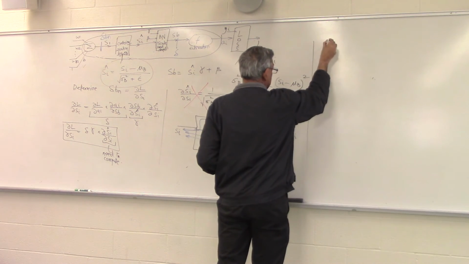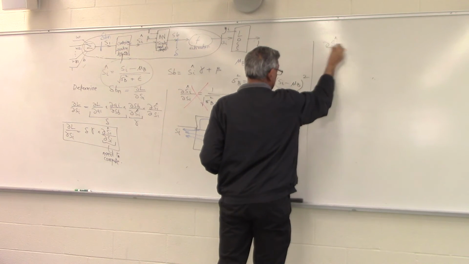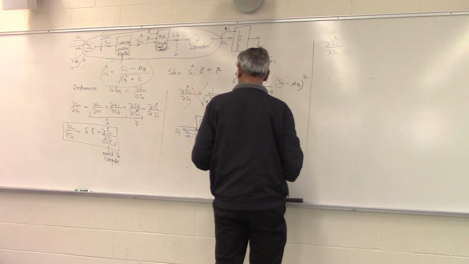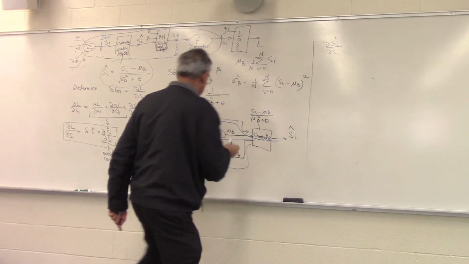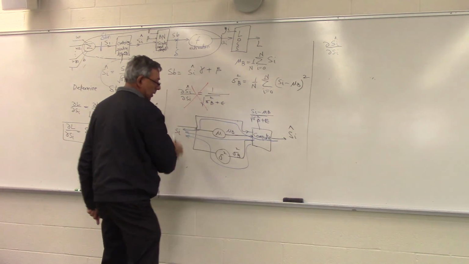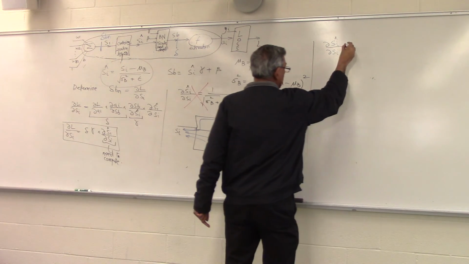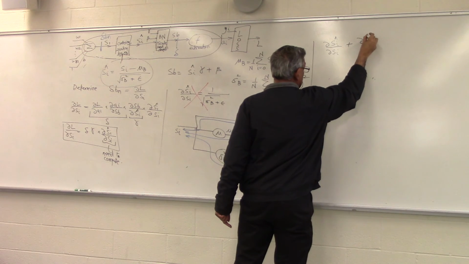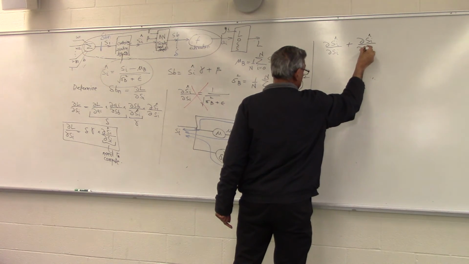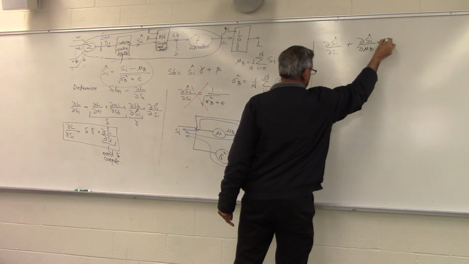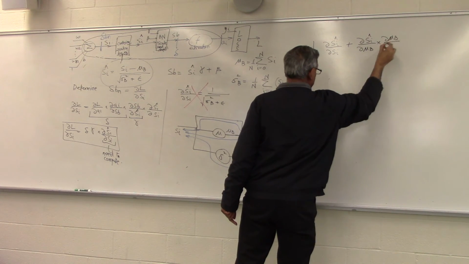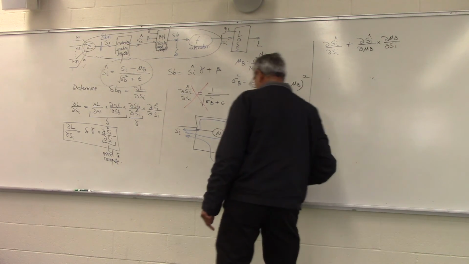So partial SI hat over partial SI, this is the top part over here, plus partial SI hat over partial mu B times partial mu B over partial SI.